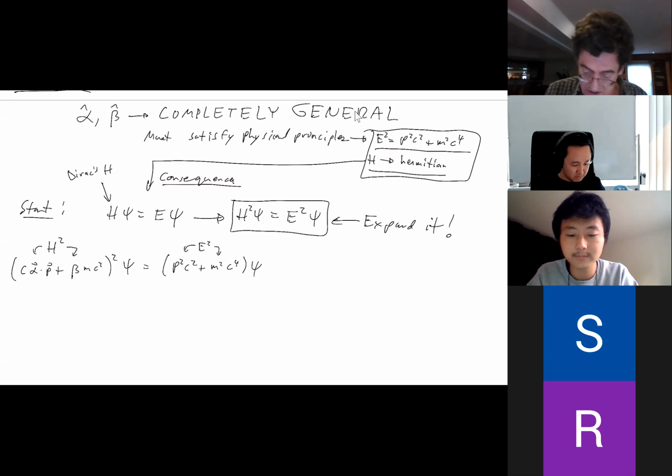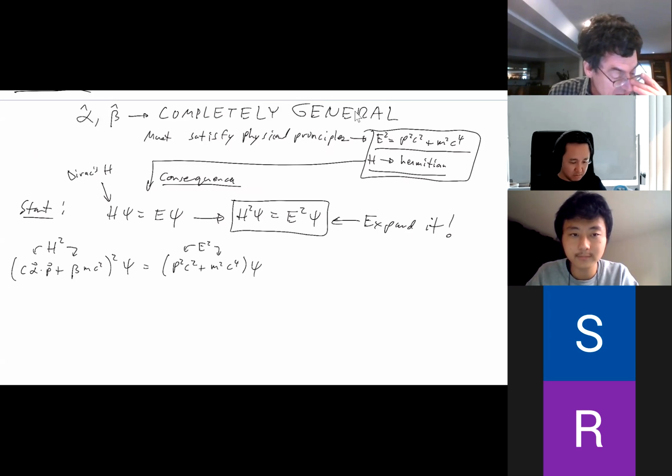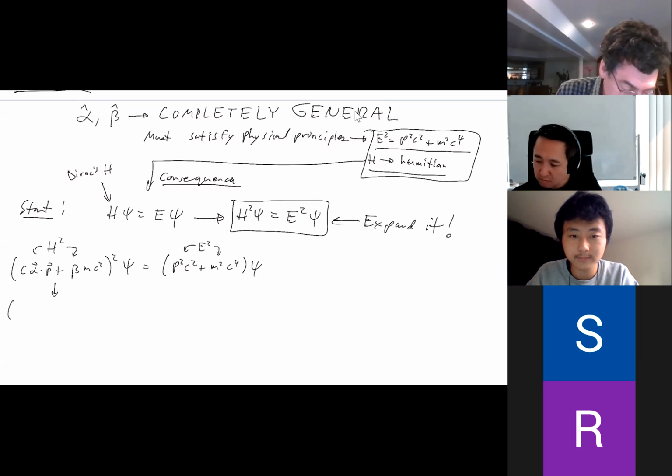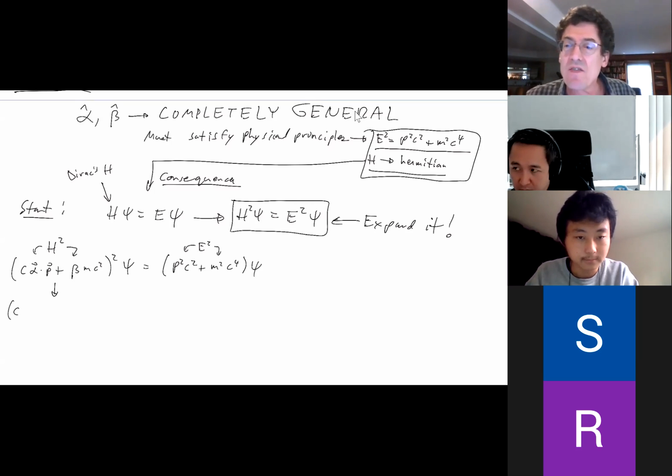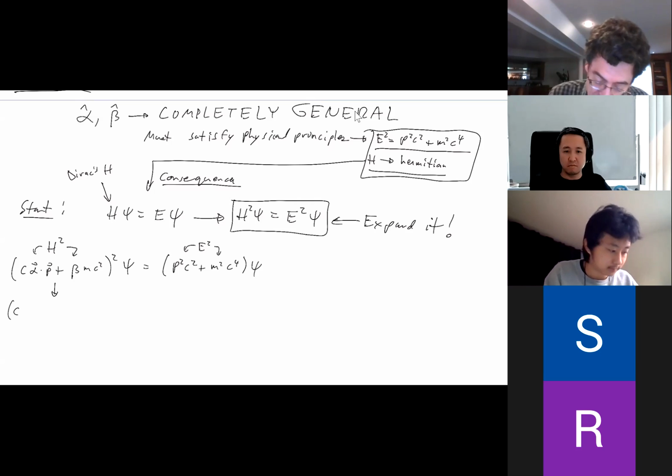And so then what he did was he just expanded this out. This is actually quite tedious to do, but let's do it anyways. It's quite a mess, but you'll see what I mean. Because the dot product of alpha dot p, let's expand it out.